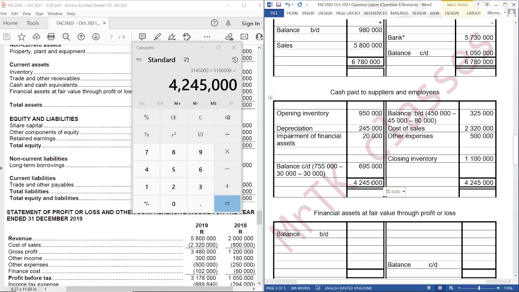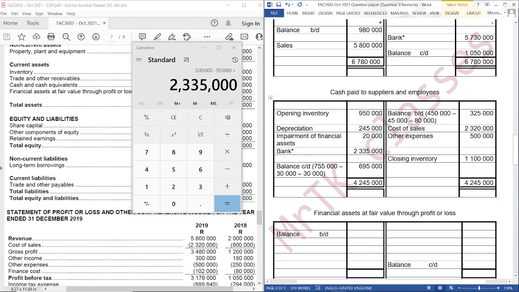All right, let's bring this here. Then subtract 695,000, subtract 20,000, subtract 245,000, subtract 950,000. 2,335,000 bank. This amount will be on the credit side of our bank account, right?